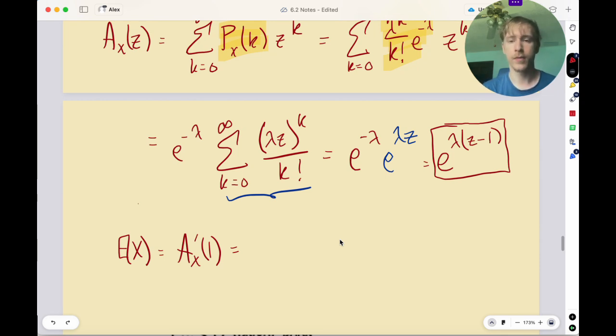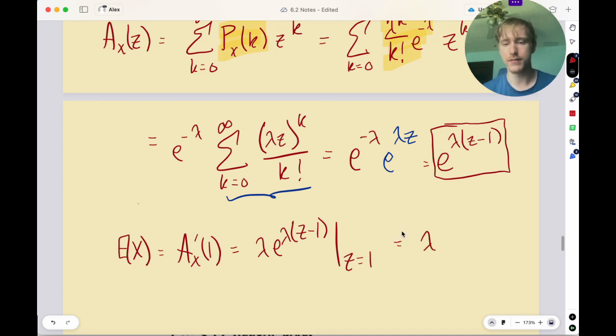Okay, which means we can differentiate this without a problem. So we're going to pick up a lambda from the chain rule times e to the lambda times z minus 1, evaluated at z equals 1. Well, plugging in z equals 1, this is 0. E to the 0 is 1. So we just get lambda times 1, which is lambda.